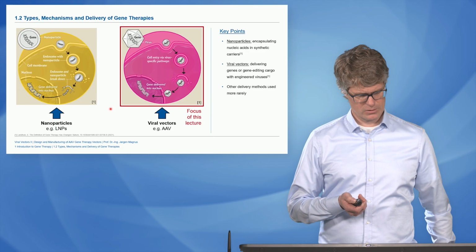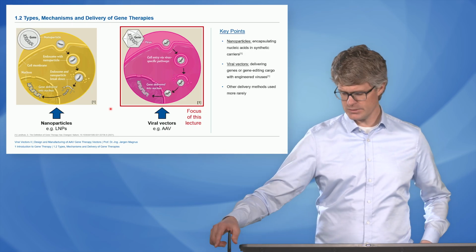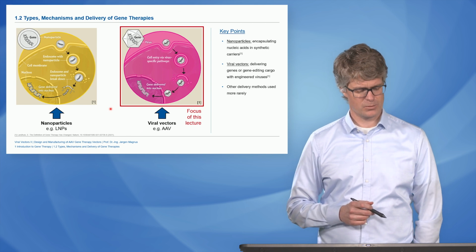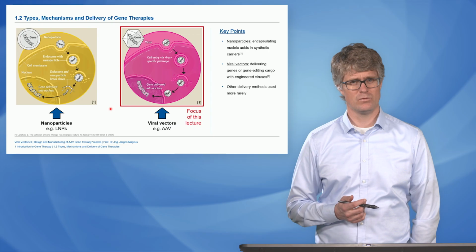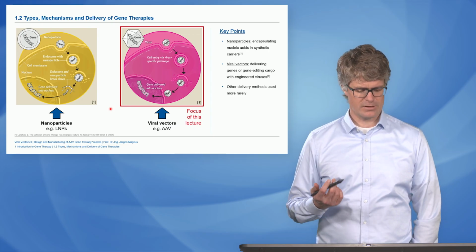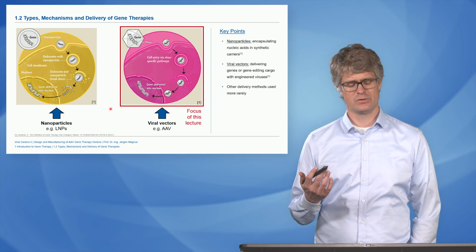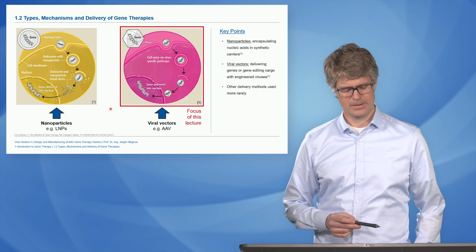So moving on here to talking about the viral vectors. You can deliver them by using nanoparticles, for instance, lipid nanoparticles, the same technology that was used in the COVID vaccine. But the viral vectors themselves, and the virus, by evolution, has developed to be able to integrate into the cell and into the nucleus of the cell.